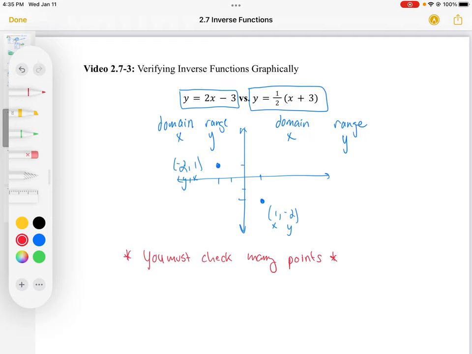And mathematically, this is a side note, this, in my opinion, is not enough in order to verify two functions are inverses of each other. However, it is a useful exercise to understand the relationship between a function and its inverse graphically.